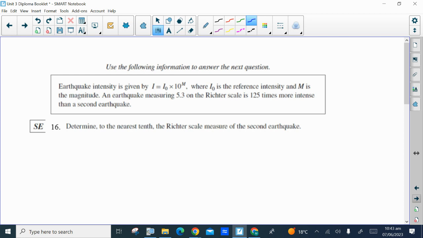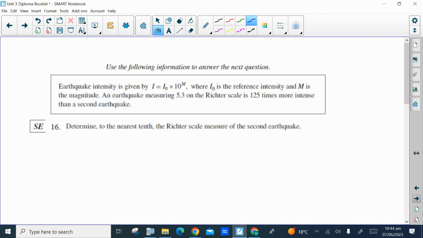So we saw questions like these in the notes. Earthquake intensity is given by I equals I sub 0 times 10 to the m, where I sub 0 is known as the reference intensity, m is the magnitude. An earthquake measuring 5.3 on a Richter scale is 125 times more intense than a second earthquake.